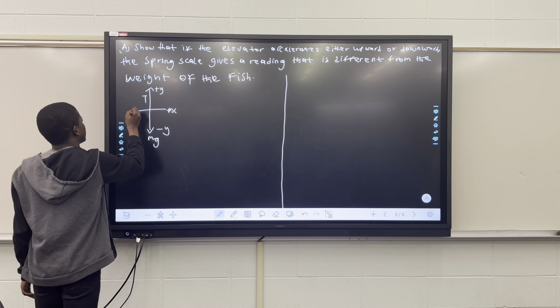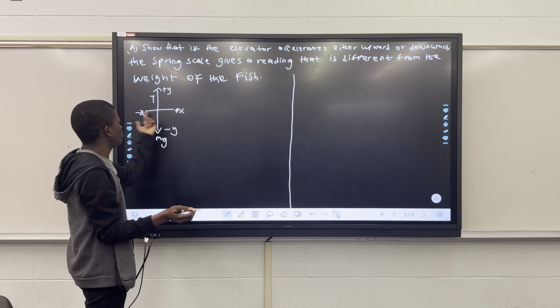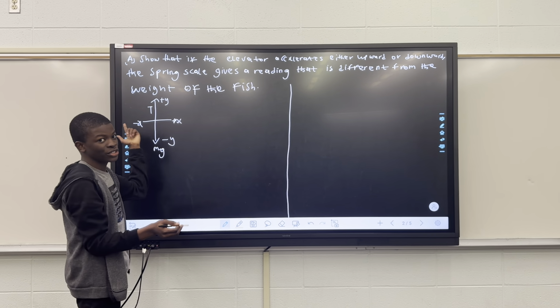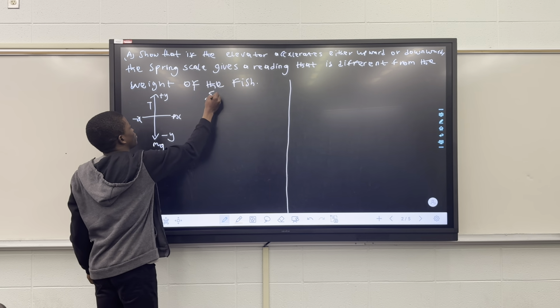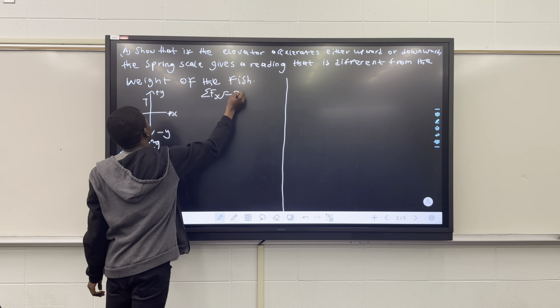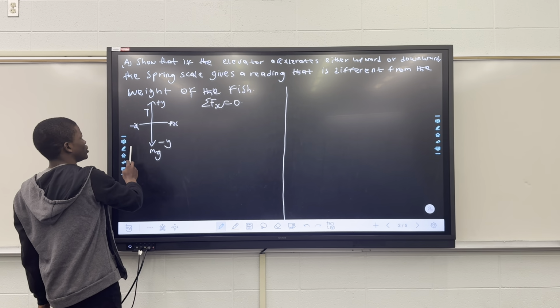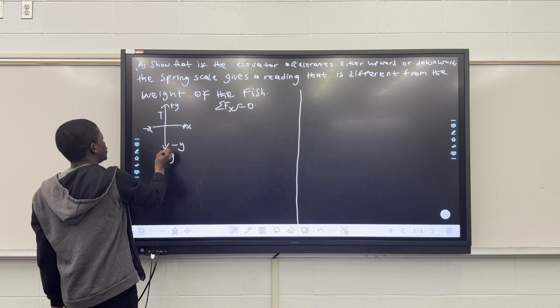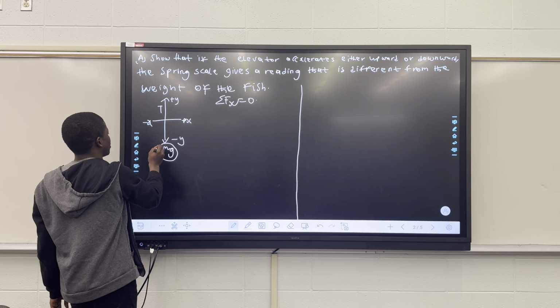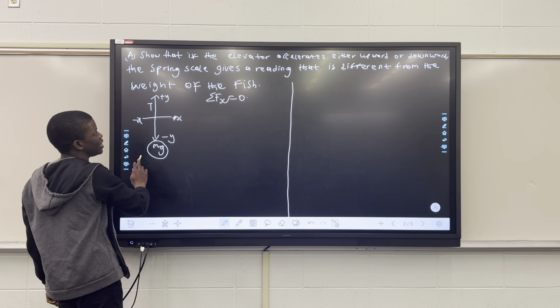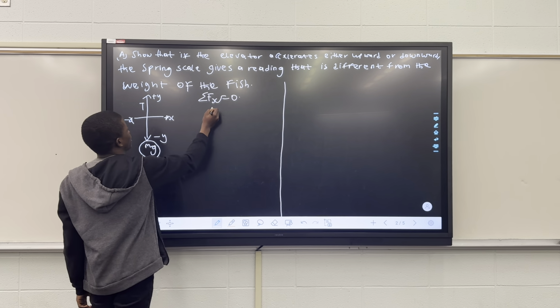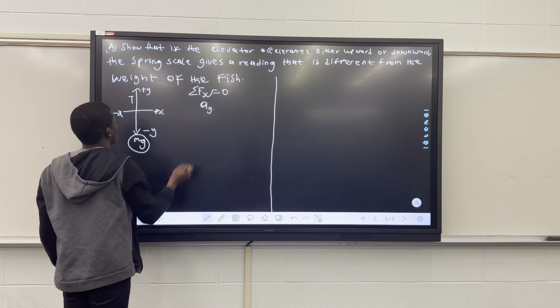This is x. Note that there are no forces acting in the x direction, so I could just write summation Fx equals 0. Now if the scale is going upward, the fish is going to have an acceleration, let's say ay. So we are going to call the upward acceleration of the fish ay.